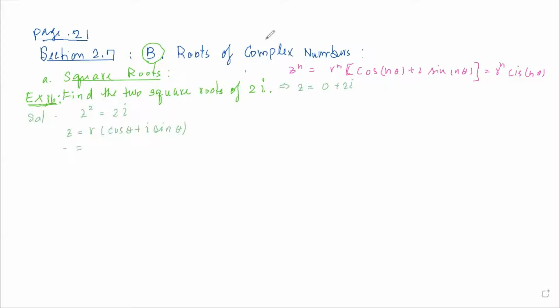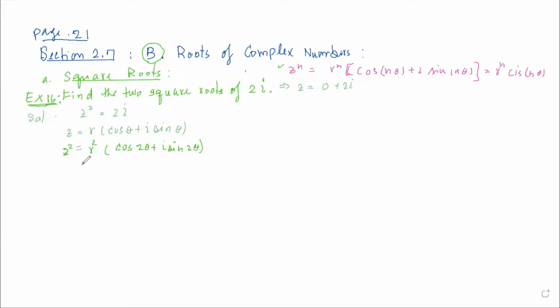So coming back to this question, we have z to the power 2, which from De Moivre becomes r squared, cosine 2 theta plus i sine 2 theta, because n equals 2 now.